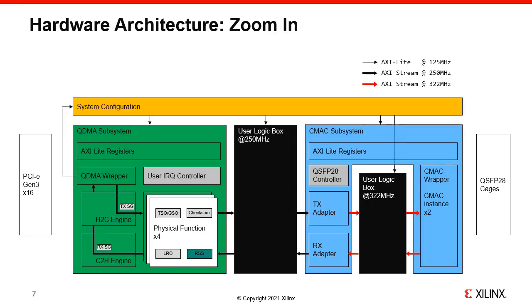If we zoom in, we can see more details. Here the blocks in blue are the CMAC subsystem, and the blocks in green are the QDMA subsystem. The box in yellow is the system configuration functions. And there are two user logic blocks, which are in black.